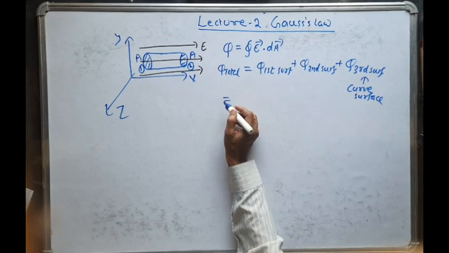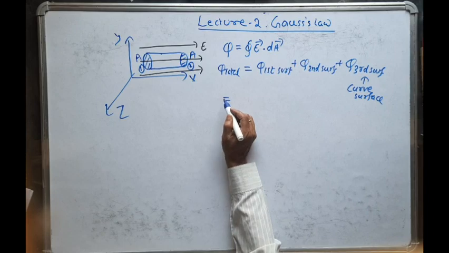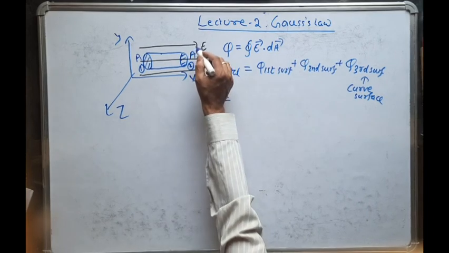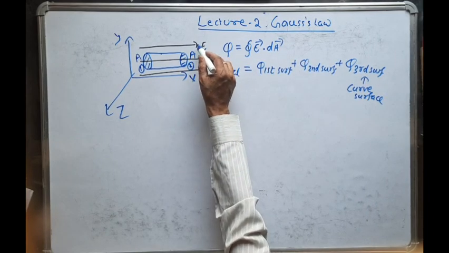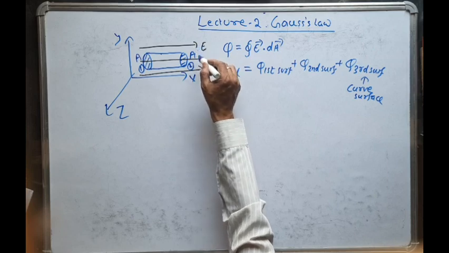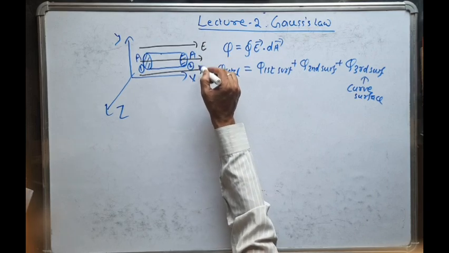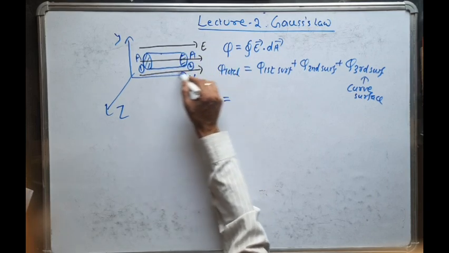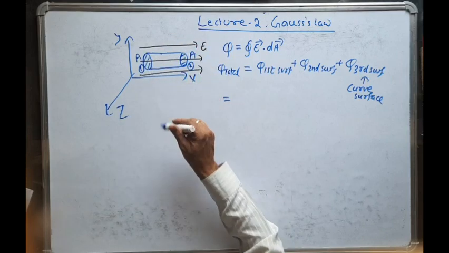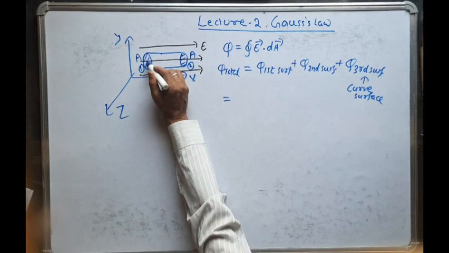If we apply Gauss law here, you see the electric field is uniform. Electric field is constant throughout this space. I want to find the flux through the first surface.